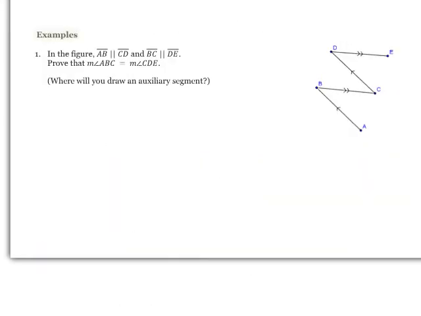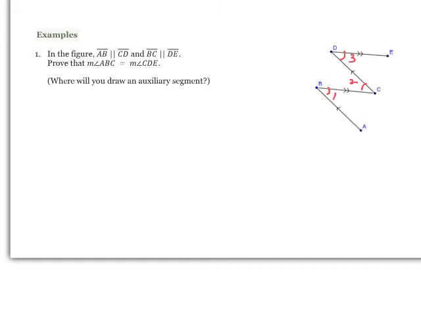The next example has this M-looking shape here, and we have that AB and CD are parallel, and BC and DE are parallel. And we want to prove that the measure of angle ABC, so we can call that angle 1, is going to be equal to the measure of angle CDE. I'm going to call that angle 3, because in here it's going to be angle 2.